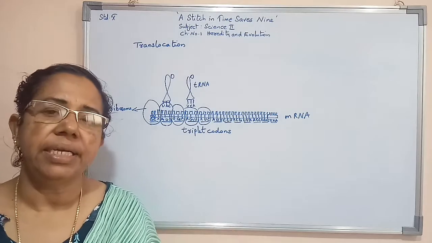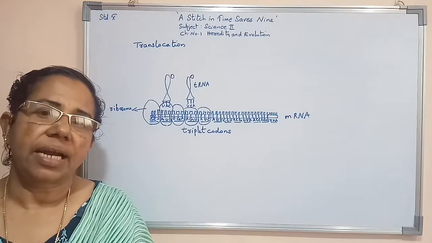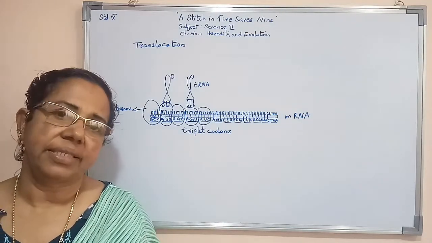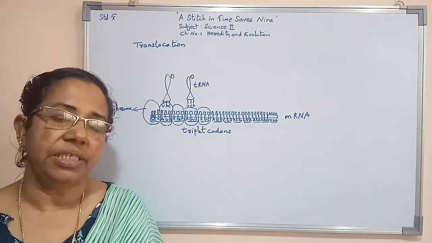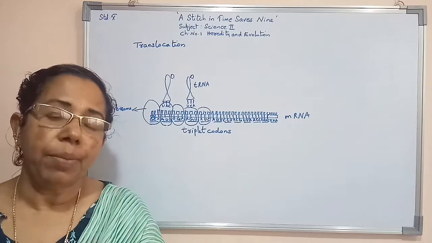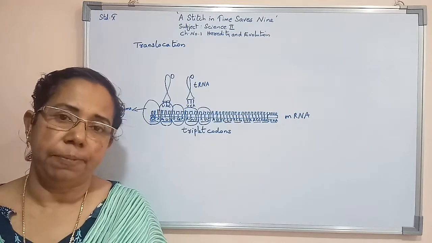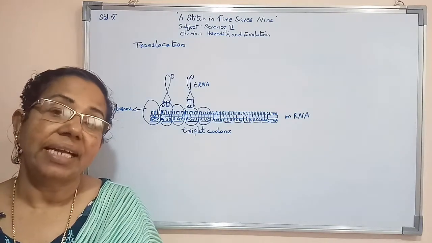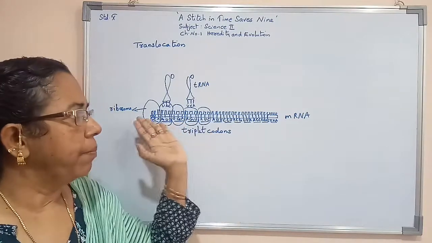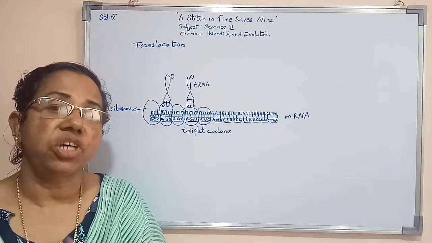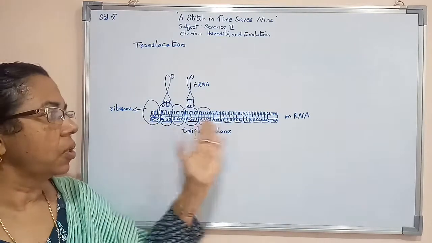So we have studied here transcription, translation and translocation. What is meant by transcription? Transcription means formation of mRNA from DNA. What is translation? Each mRNA has thousands of triplet codons.